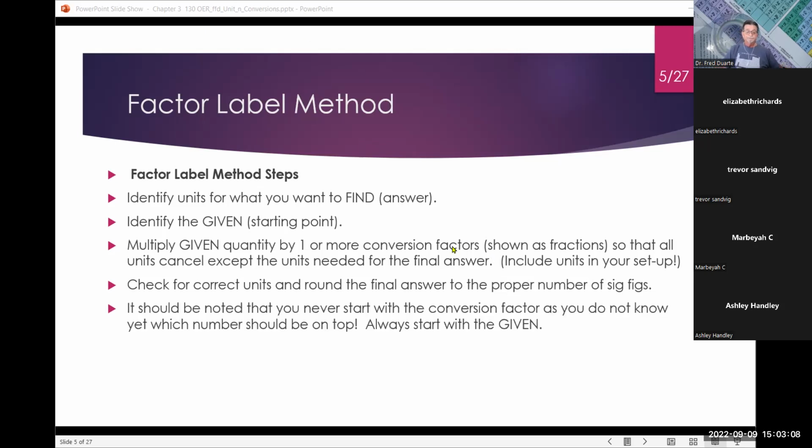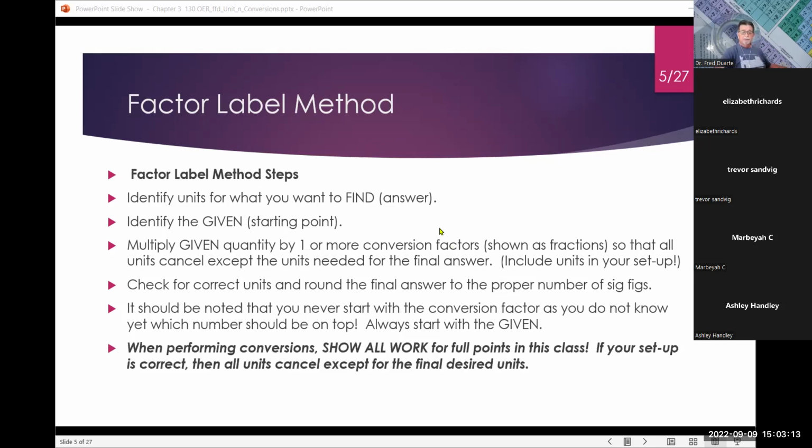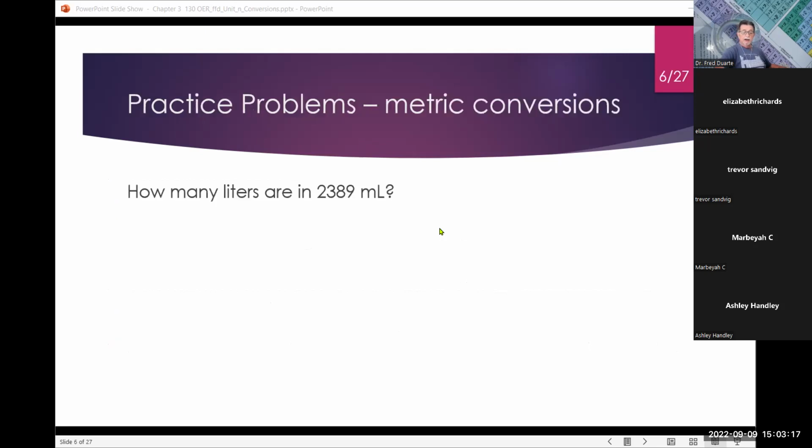Yeah, okay, so, all right, so the best way to do this is to do an example. Keep track of your sig figs at the end. Now, in this question, it says, all right, how many liters are in 2,389 milliliters? So we can see that we are staying within the metric units. So we don't have to use any conversion factors to go into the English or vice versa. So we write down what we're given.